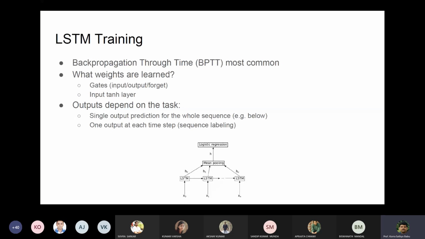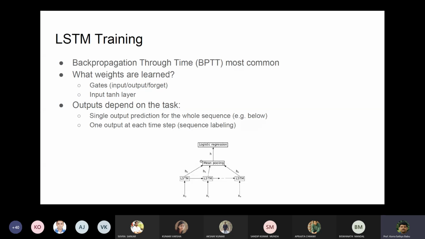Generally, in machine translation it comes as many to many translation with some time gap. So what type of output is required, you can do various training activity like that.